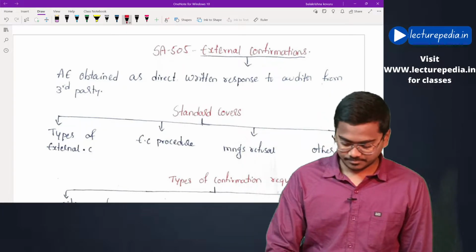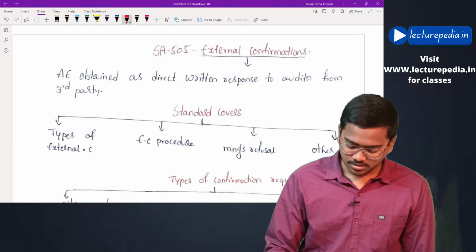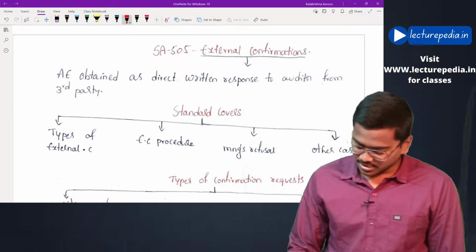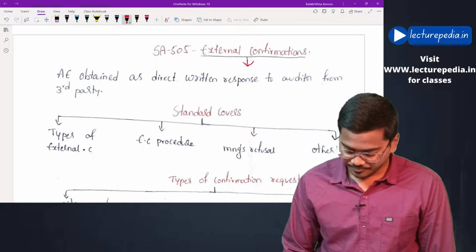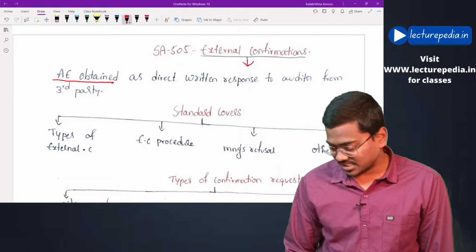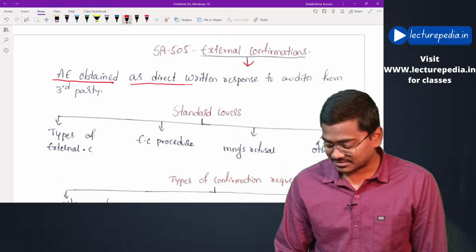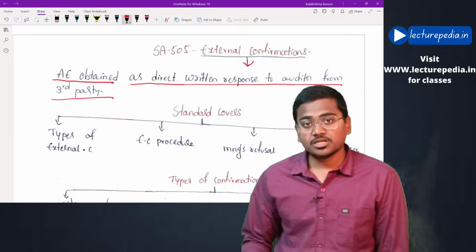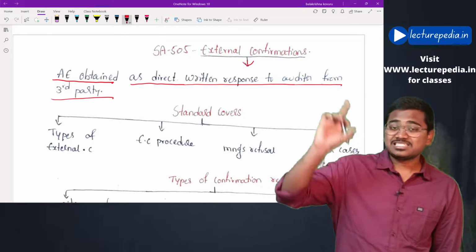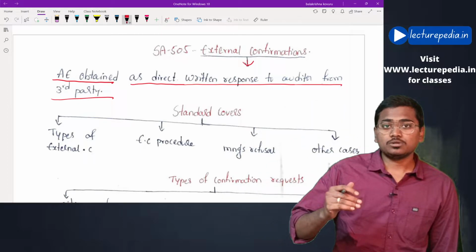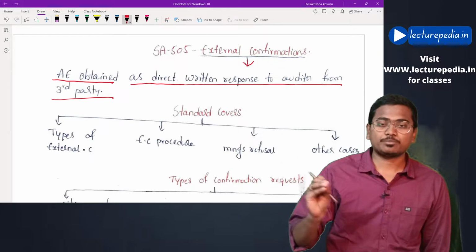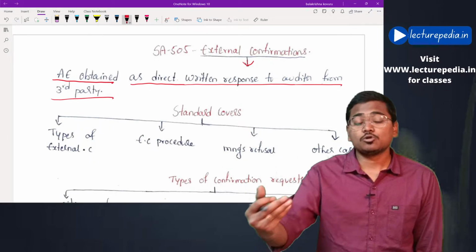Let us see. First of all, we will see the actual definition of external confirmation. External confirmation means audit evidence obtained as a direct written response to the auditor from a third party. If you remember, in SA 500 we have seen certain points. If those aspects are present, then the audit evidence is more reliable.